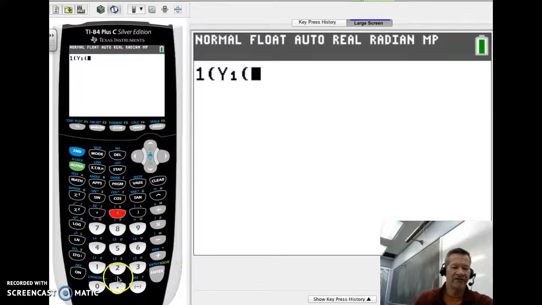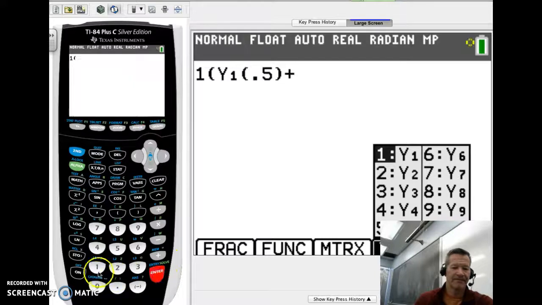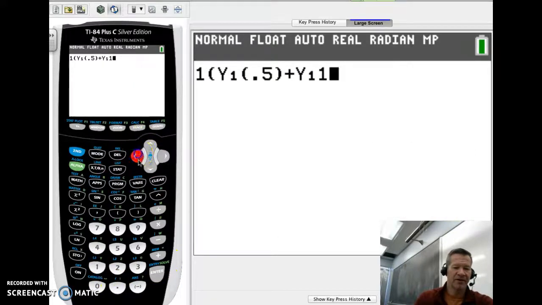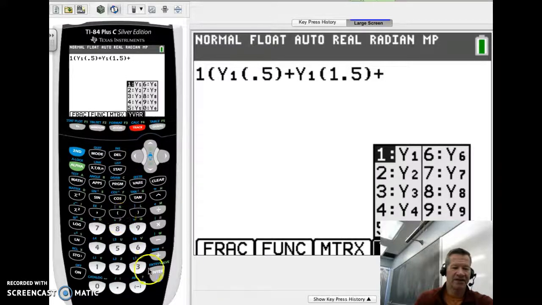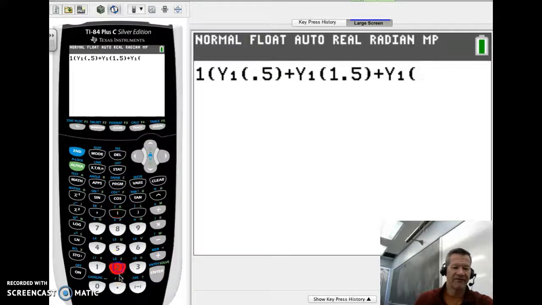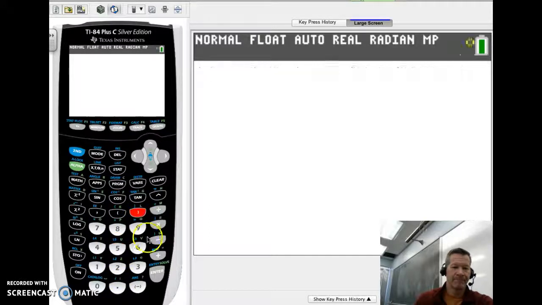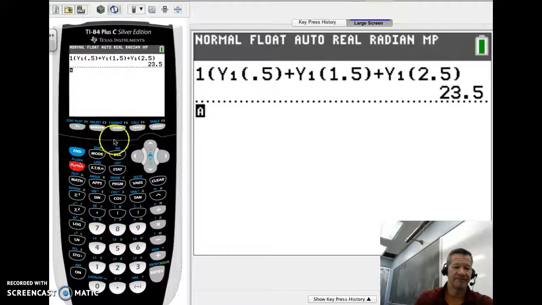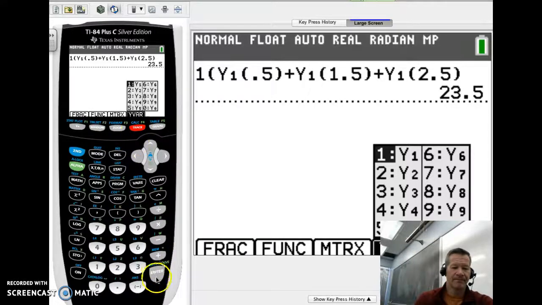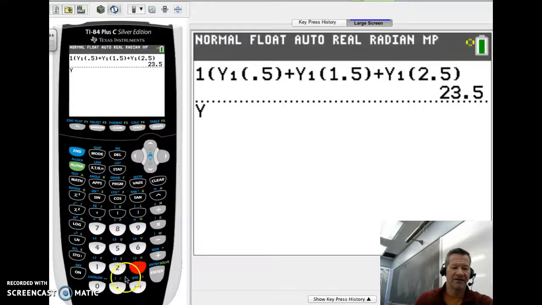So y1 of 1/2, you can use decimals, plus the velocity at 1.5, parentheses will help, close, plus the velocity function again at 2.5, plus the velocity at 3.5.